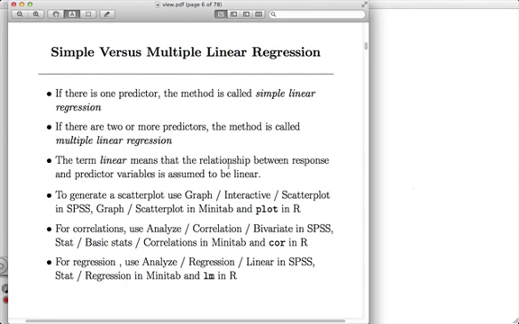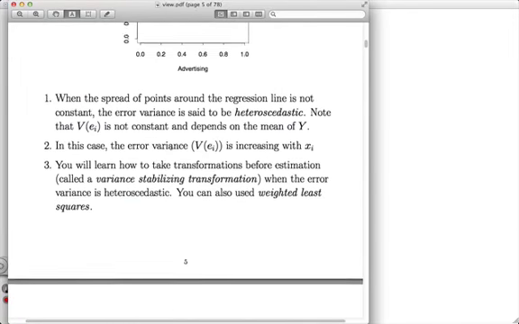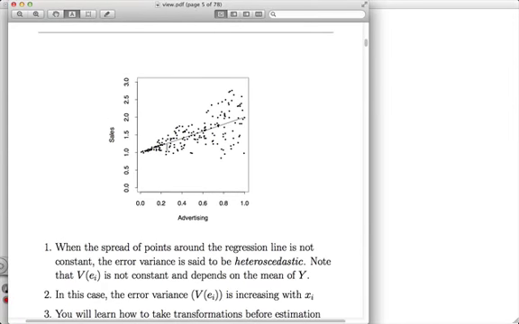A few terms. I already said that whenever you have one x, you have simple linear regression. Whenever you have more than one x, we call this multiple linear regression. The term linear in both of these, simple linear regression and multiple linear regression, refers to the fact that the set of means of y, or means of sales in this case, have a linear relationship with advertising.